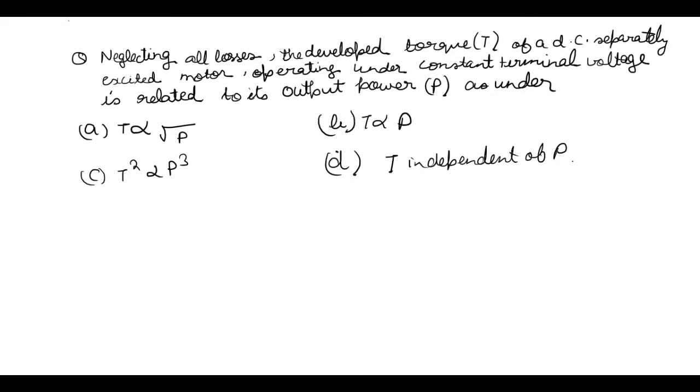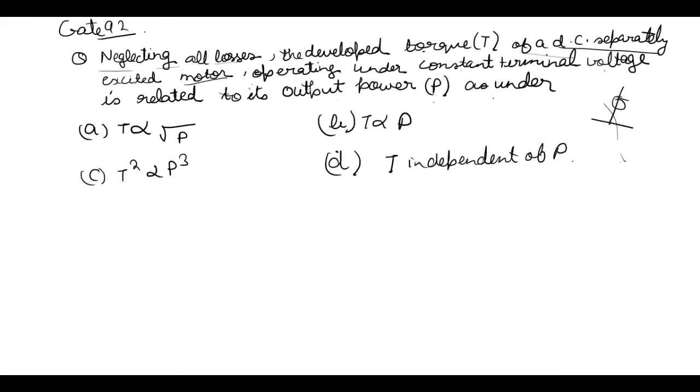This question is from GATE 92. Neglecting all the losses, the developed torque of a DC separately excited motor operating under constant terminal voltage is related to its output power P as, and there are four options. This is a DC separately excited motor, which means phi is constant.